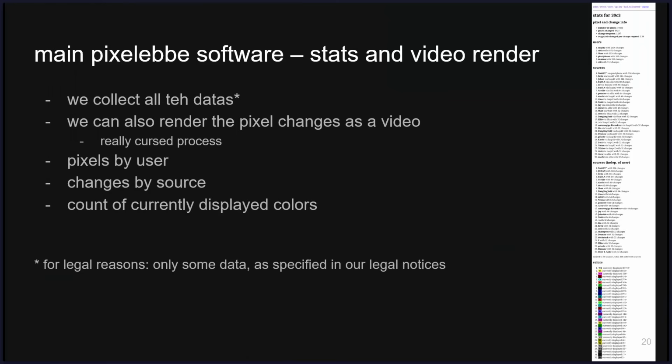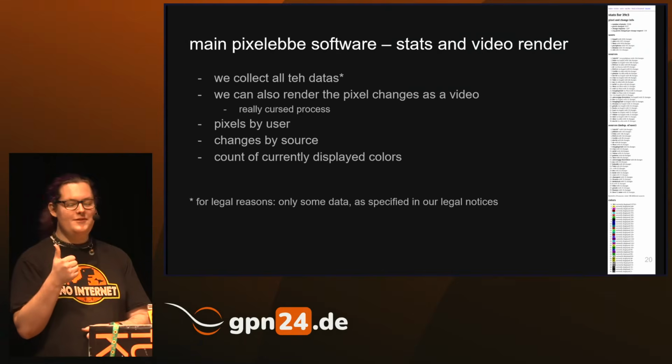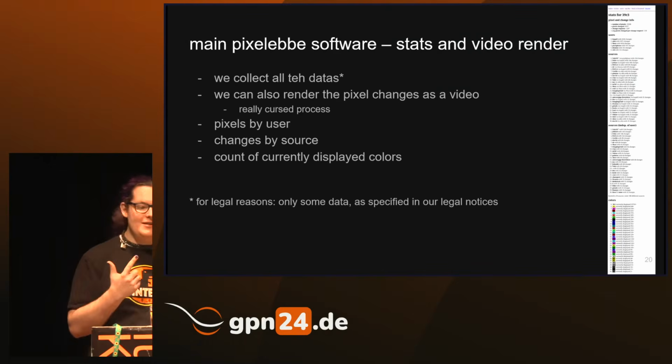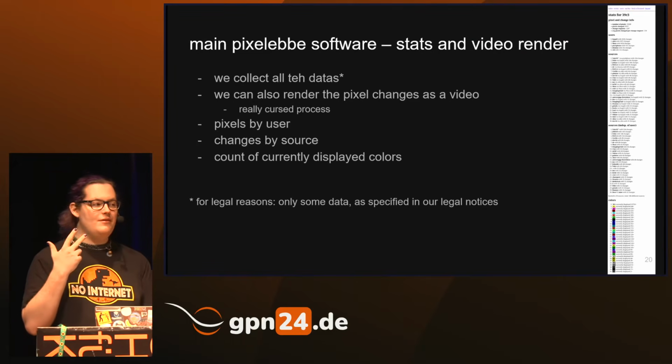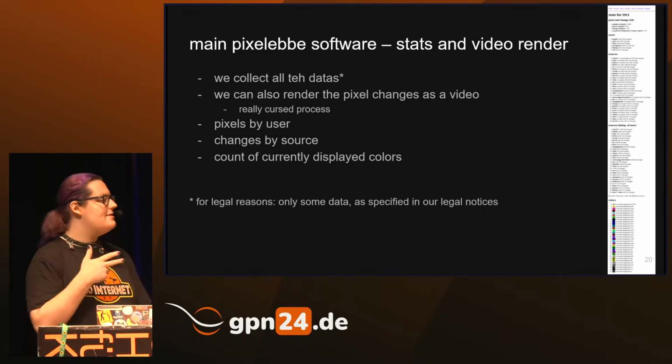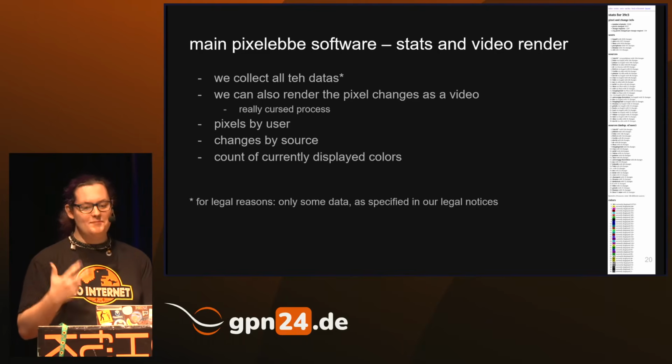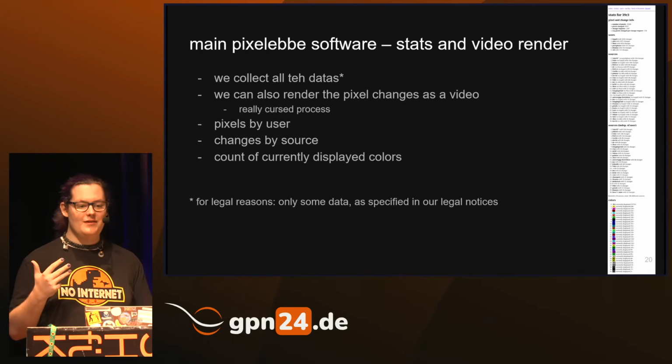We collect all the data. On every single pixel, we collect which coordinate it's on, what color it is, who set it. Optional, I want to say, for legal reasons. No, I meant the user that entered it into the system. Also the source, so basically the user that sent us the pixel.